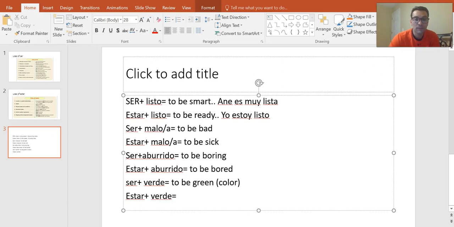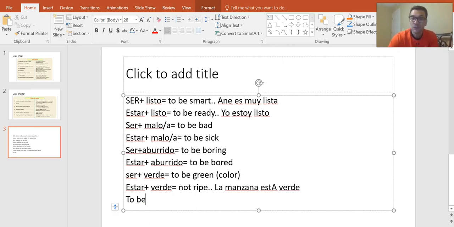La manzana está verde means it's not ready to be eaten, not ripe. Okay, so la manzana, which means apple, está verde, with an accent mark there, means the apple is not ready to be eaten, it's not ripe.